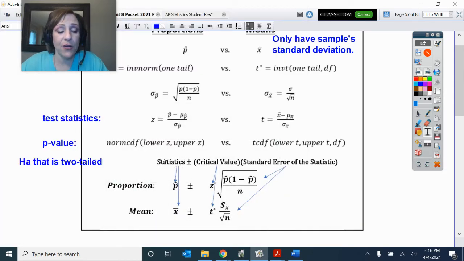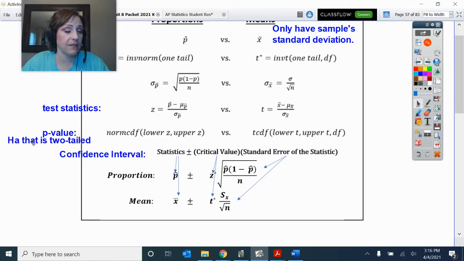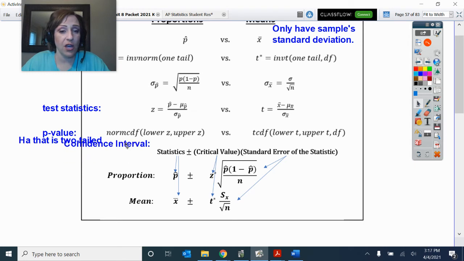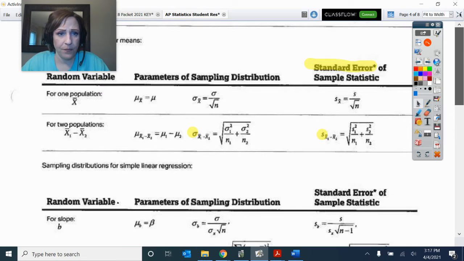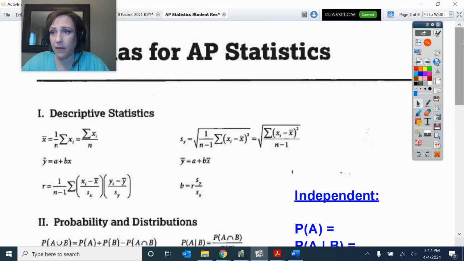All right, and then here is your confidence interval. So I'm going to write that in: confidence intervals for proportions and for means. And so here is that formula that you have for that. So keep in mind if HA is two-tailed. Here's the confidence interval formula. This is on the formula chart. It is located, let's see, I think it's on the bottom of the front.